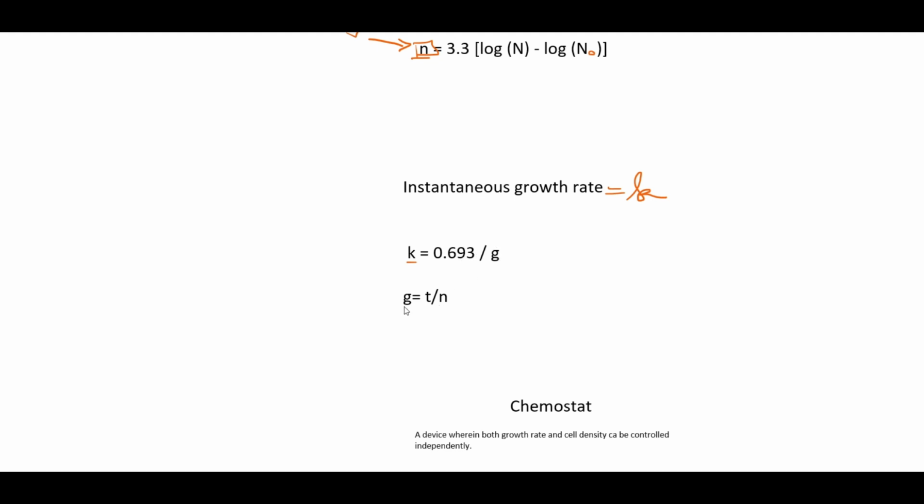Well, we know that g equals t over n, and above we already discussed that. So you would need to gather information for t, gather information for n to get the g, plug it in, do the math, and you'll have your instantaneous growth rate.